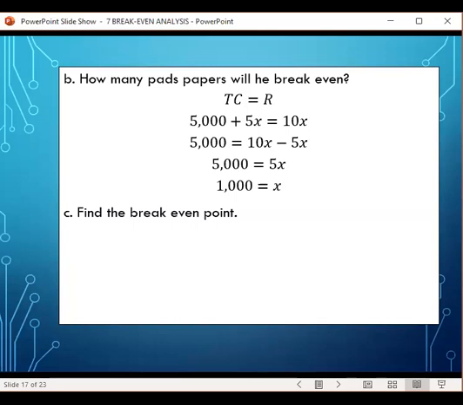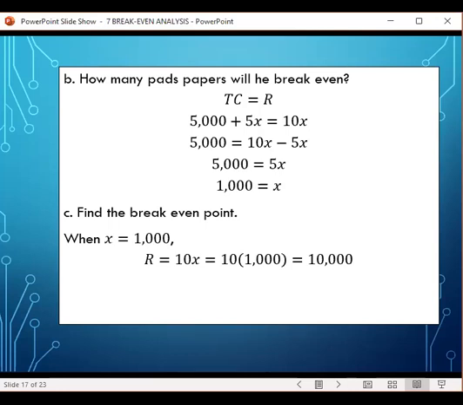Now let's identify the break-even point. When we talk about the break-even point, by definition earlier, it is a coordinate. That is a coordinate with the first component as x and the second component as the revenue. We already know the break-even. That is 1,000. All we need to do is to solve for the revenue. So our revenue is 10x.